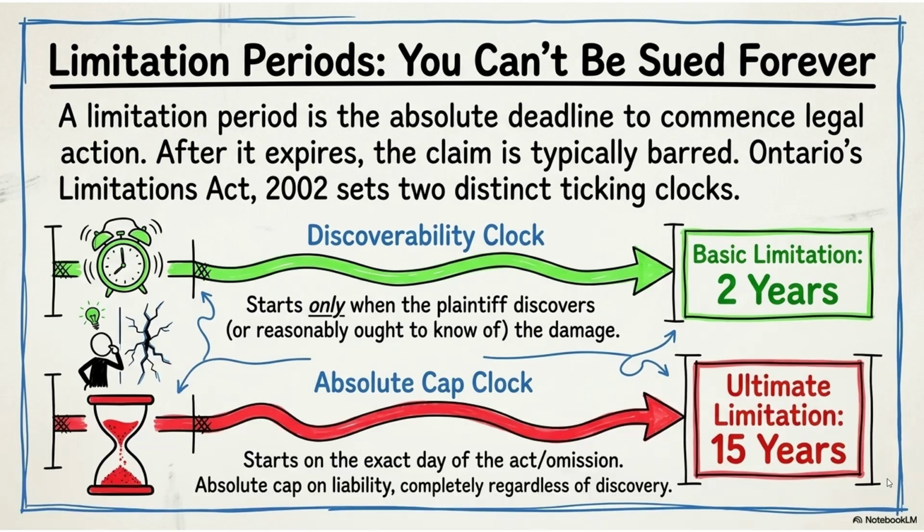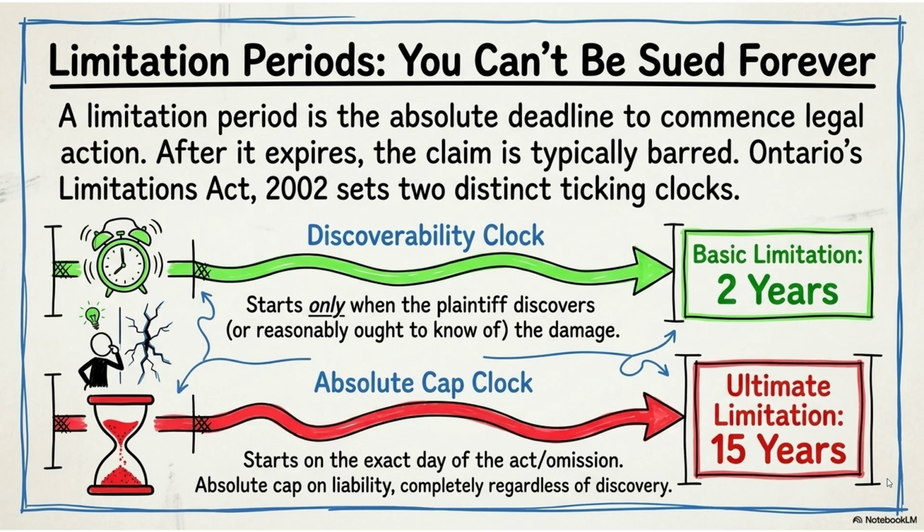Basic limitation is 2 years, and it starts from the moment the error or the mistake is discovered. Let's say an engineer created a design and no one noticed the error until several years after. Once the error was found, the plaintiff will have 2 years to file a case, to start suing the defendant.